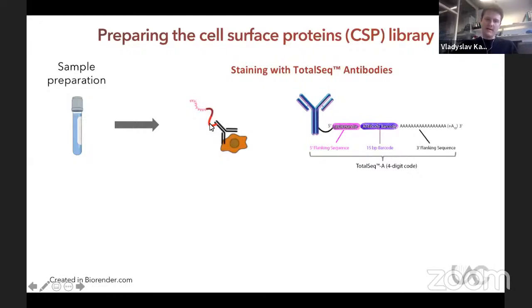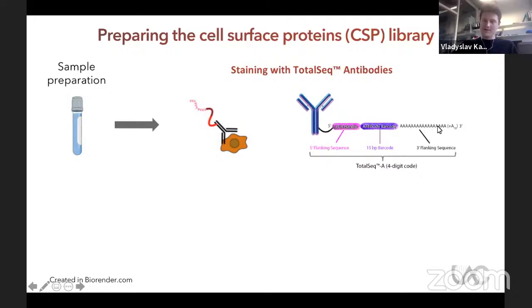This antibody will have an oligonucleotide sequence bound to it. As you may see, this oligonucleotide sequence is very similar to the ones that we saw in the beads. You will have a PCR handle in this sequence, a specific antibody barcode, and also the poly-A tail.